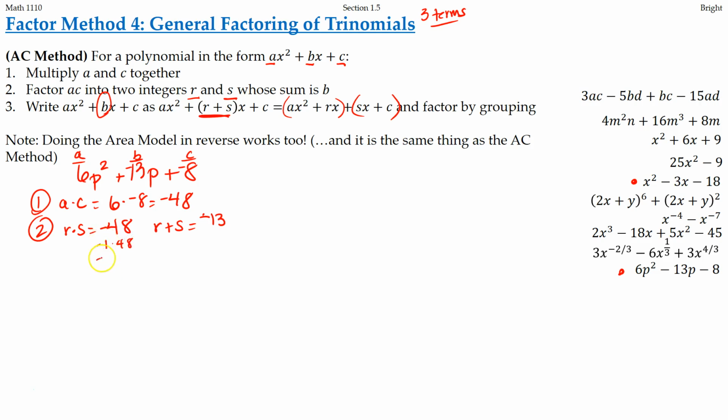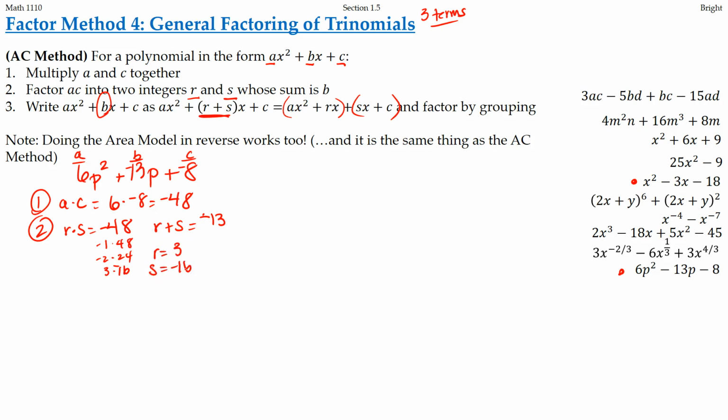Negative 2 and 24, but if I add those, that's negative 22. Then minus 3 and 16. If I add those, that's 13. Oh wait, I want negative 13. Let's switch the negative sign. 3 and negative 16, yep. So R is 3 and S is negative 16.